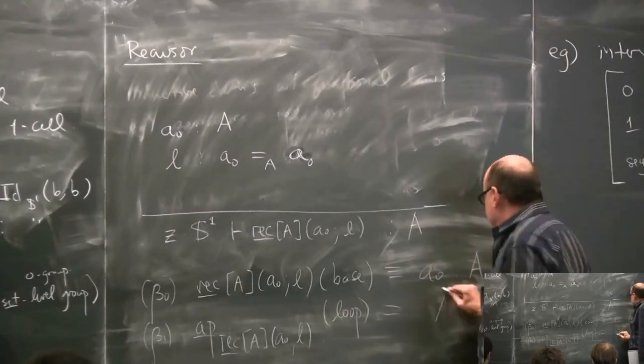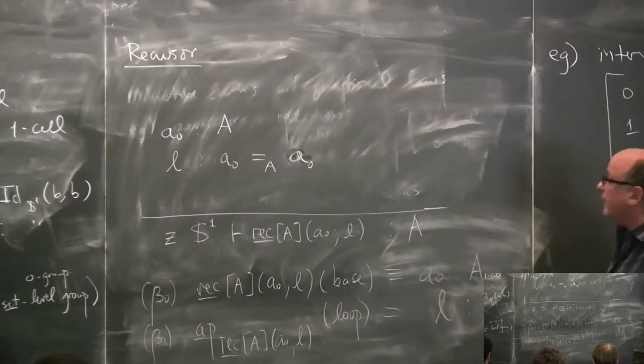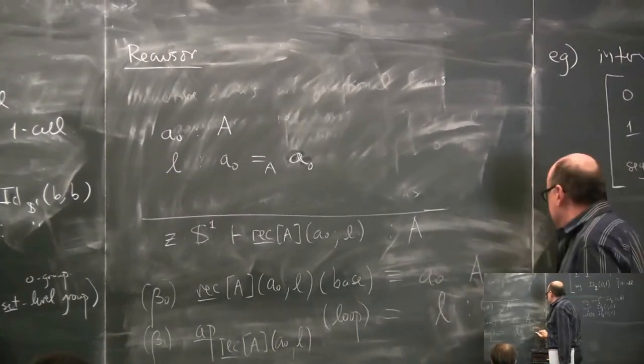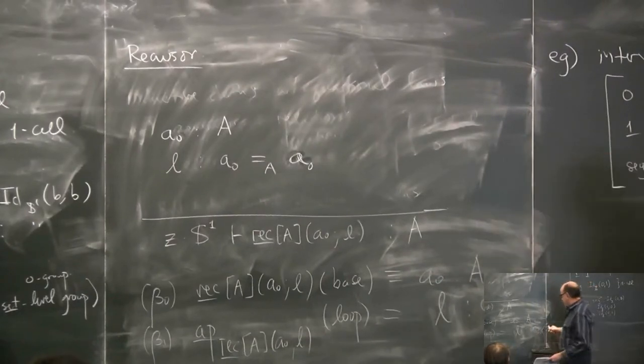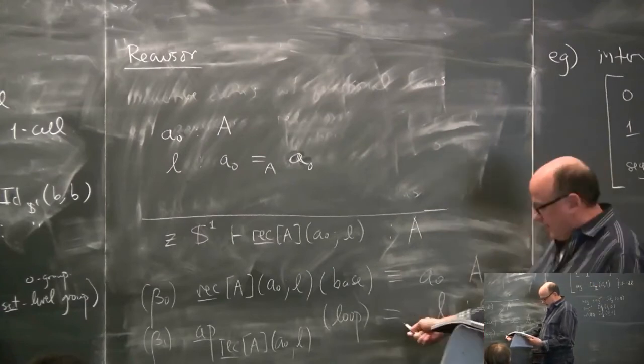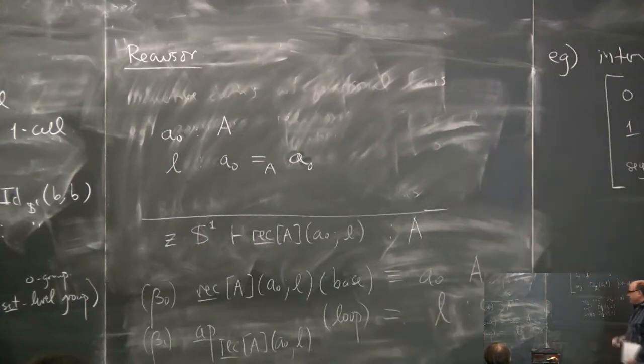What am I doing? It should be L, which is in A0 equals A0. This is where we want this to be. A0 to A0, and I think that will actually work, right? This will go down here, and yes, I think that'll be right. So you would expect that equation.